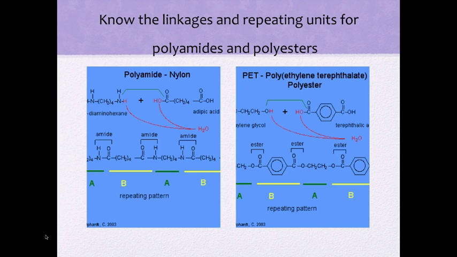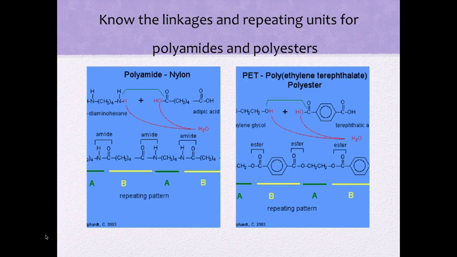Know the linkages and repeated units for polyamides and polyesters. What I'd like you to do with this slide is to pause it in the presentation and look at it and then try to see the repeating patterns.